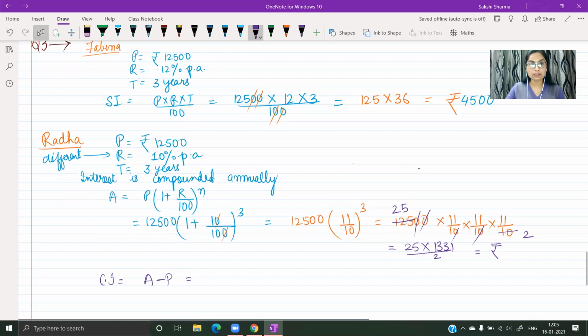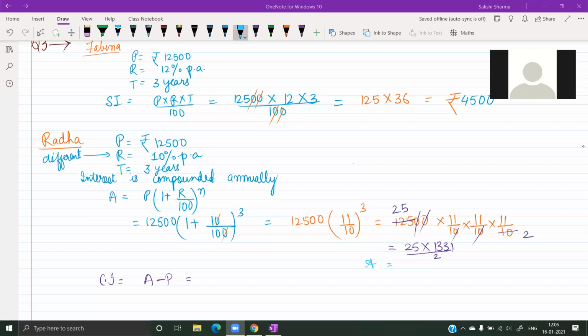Tell me what will be the answer for this. Multiply 25, 1331, divide by 2. 16,637.5.